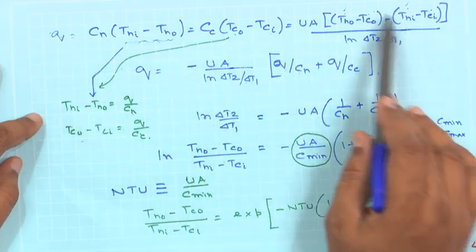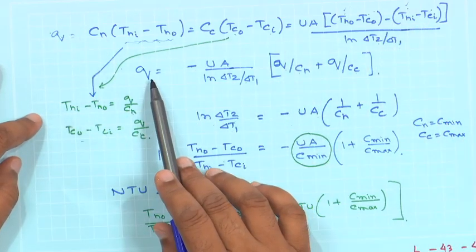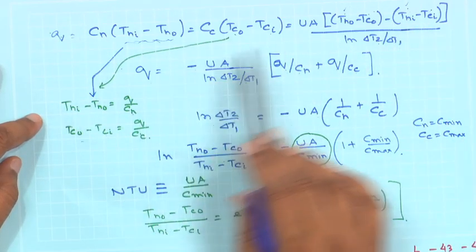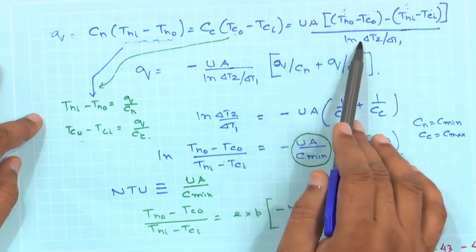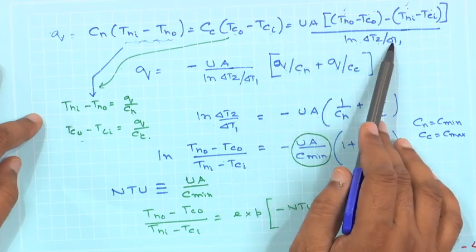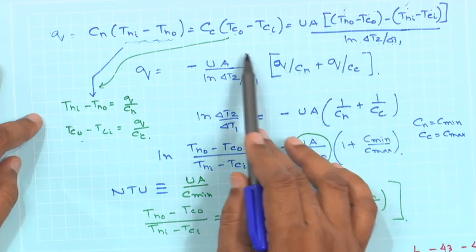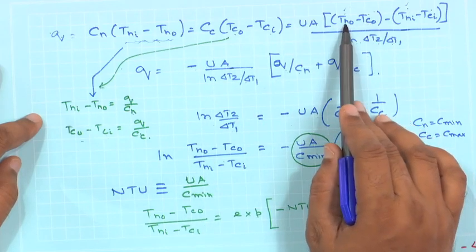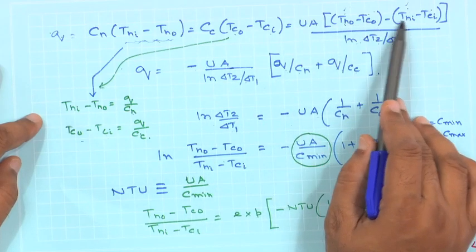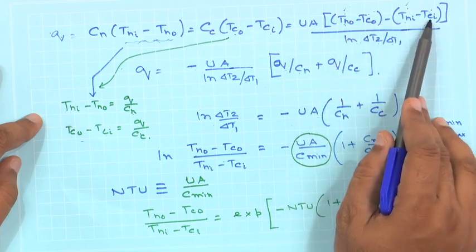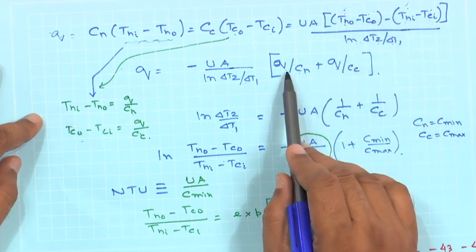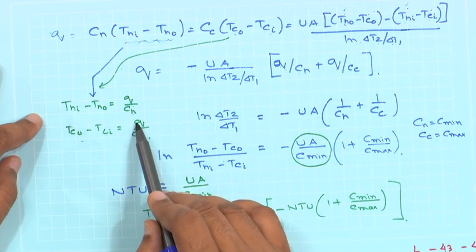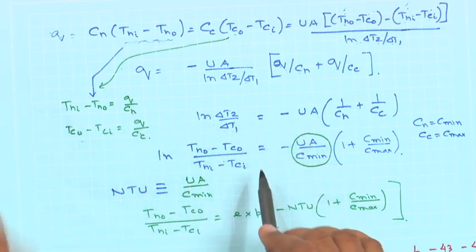Since Q is equal to this, Q can then be equated to UA by ln (delta T2 by delta T1), and Tho minus Thi and Tco minus Tci can be expressed in the form of Q by Ch, as I have shown before.